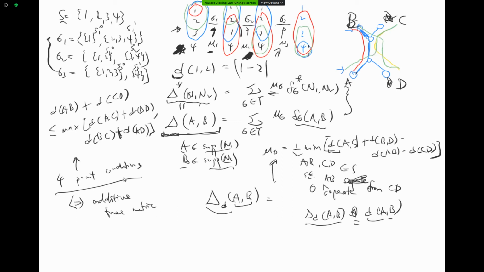It's reasonable because your induced metric itself is additive by construction. So if your original metric is additive, you would intuitively expect that these two will overlap each other, so they will be the same. But we will give a more rigorous proof of this.